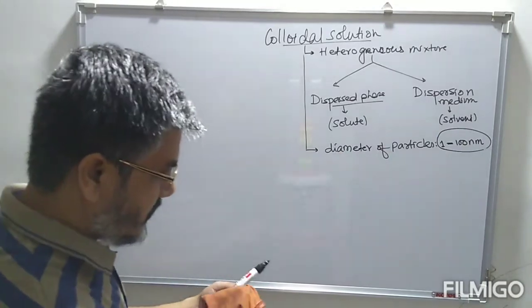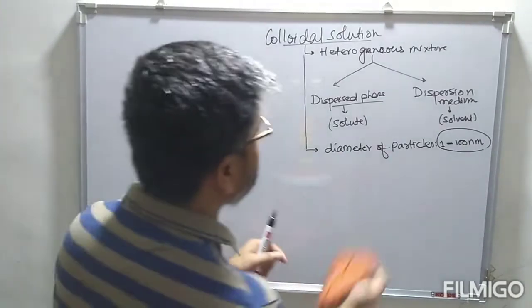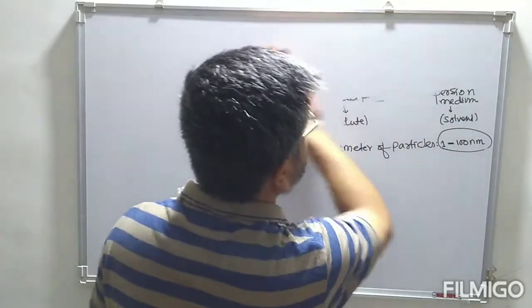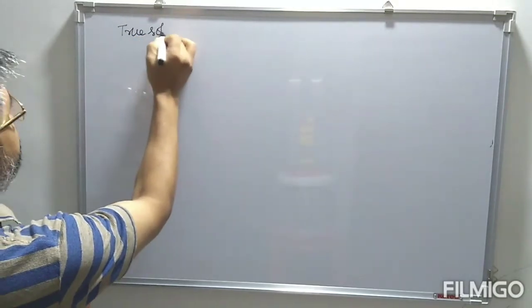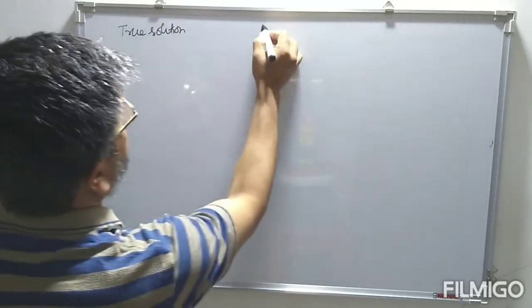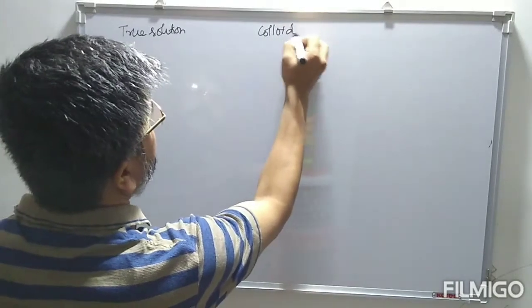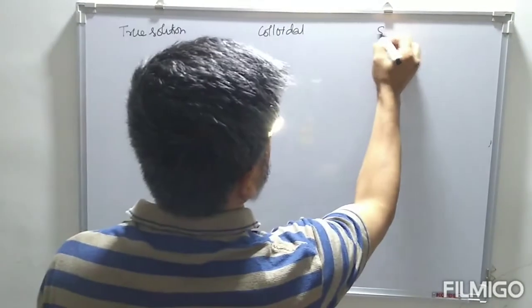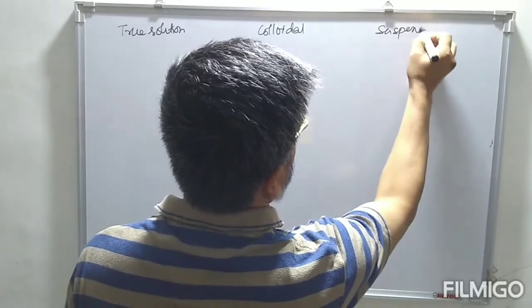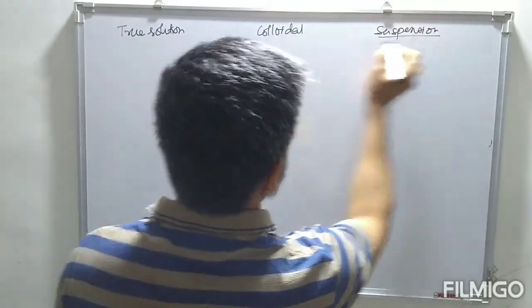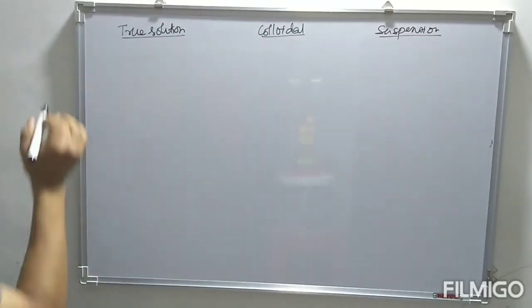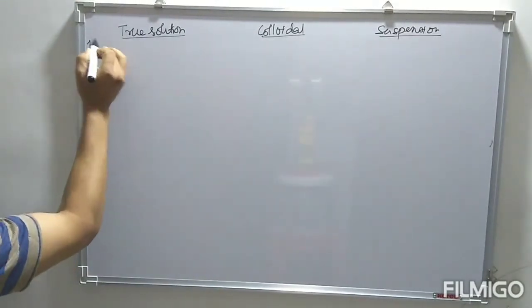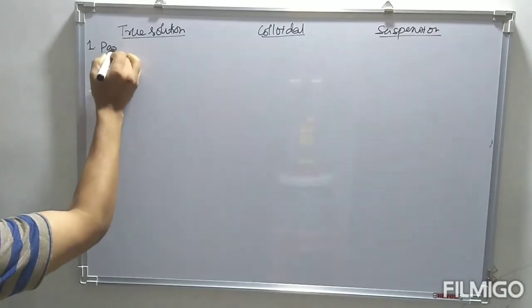Let's see the difference between the three: pure solution, colloidal solution, and suspension. The first one is particle size.